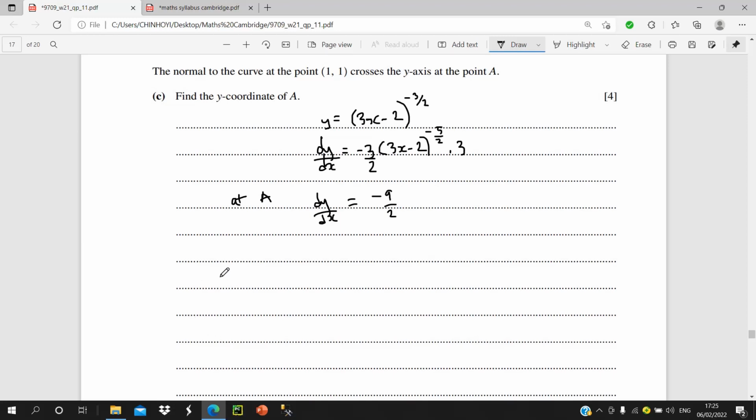So the gradient of the normal, you know, the gradient of the normal times the gradient of the tangent should give minus 1. So the gradient of the normal, which number when you multiply by negative 9 over 2 gives you 1, should be 2 over 9.